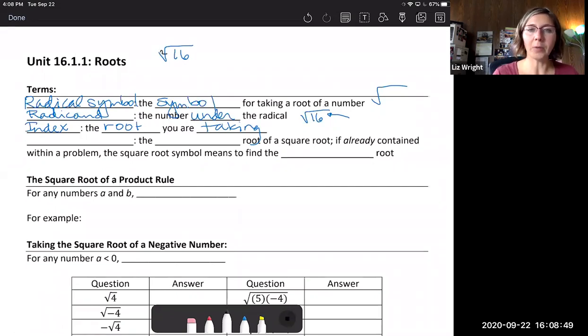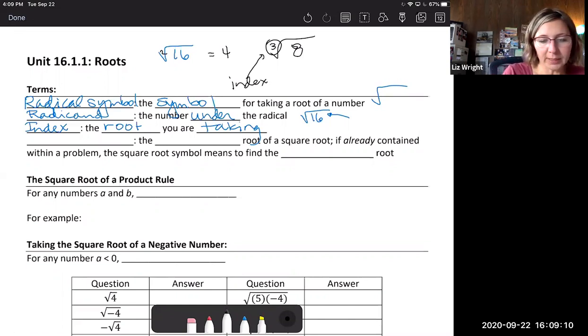So we're saying what number times itself gives us 16, and you would say 4. If, however, I gave you something like this, and I said I wanted you to take the third root of 8, the 3 here is going to be written in, and again, that's going to be your index, that number that's written in there.